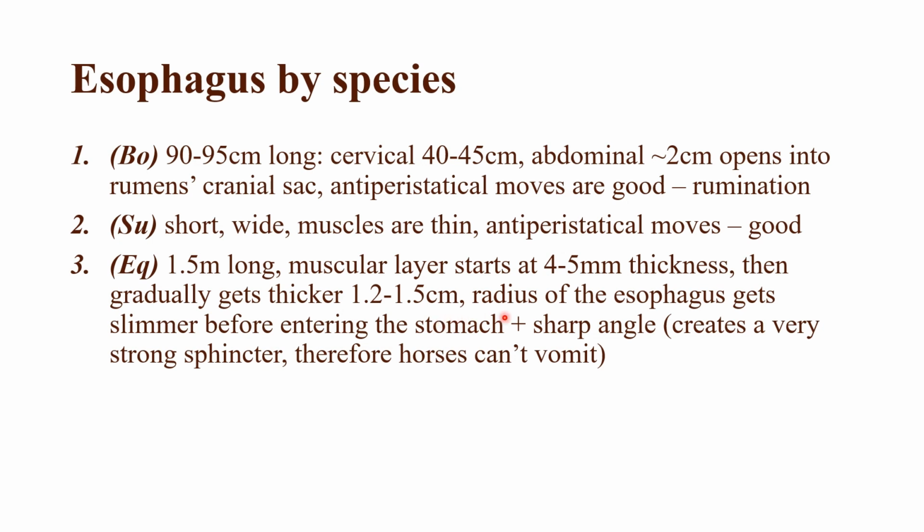And actually, the radius of the esophagus gets significantly slimmer before entering the stomach, and it also enters the stomach at a sharp angle, which creates a very strong sphincter, and it usually means that horses can't really vomit.